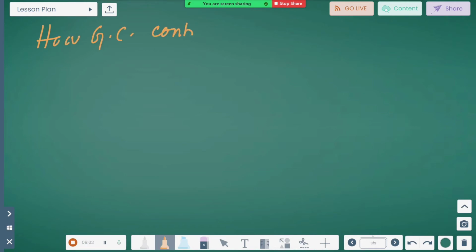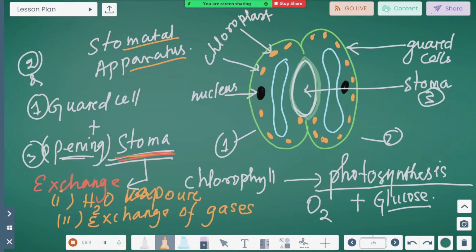control the stomata. Now in the previous slide you have observed one thing: if you look clearly, the walls I have drawn surrounding the stomatal opening are comparatively thicker than the other parts of the guard cell.